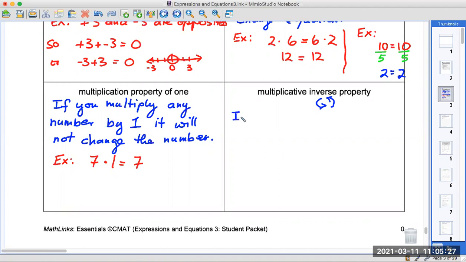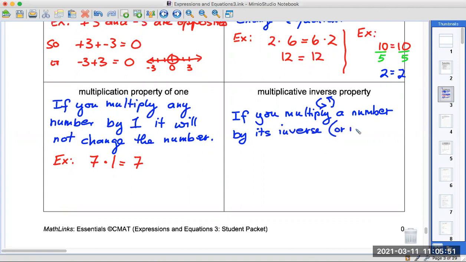So this means if you multiply a number by its inverse or reciprocal, that's a word you hear a lot, reciprocal. And a reciprocal is the fraction flipped upside down, okay? The answer is always 1.